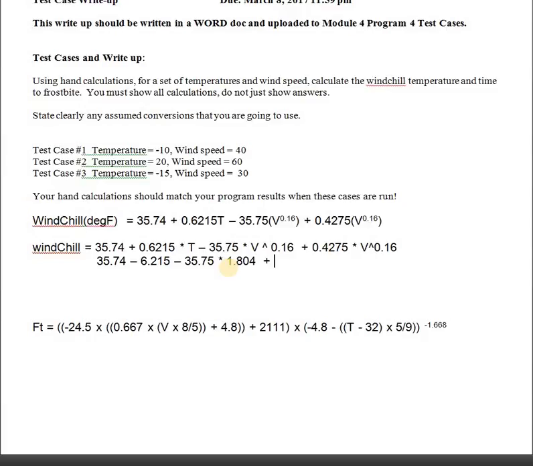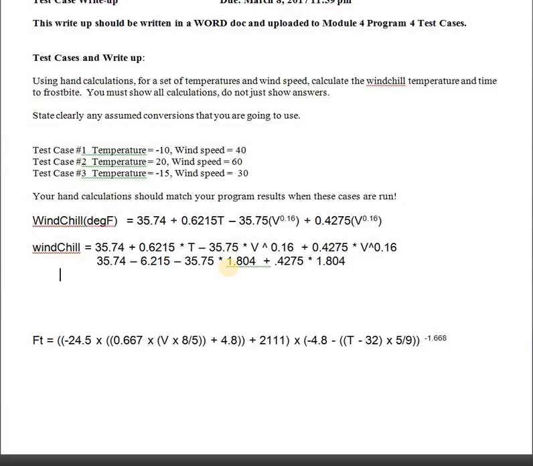And then our last term is 0.4275 times the same amount, 1.804.